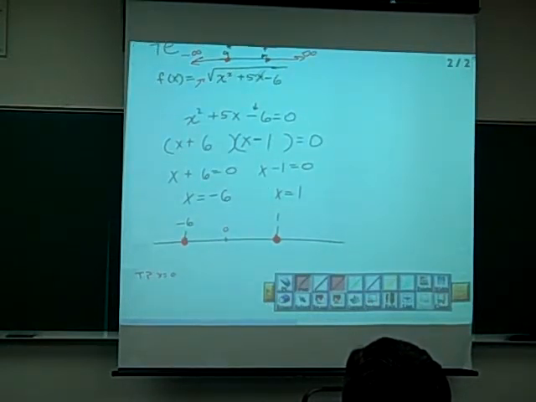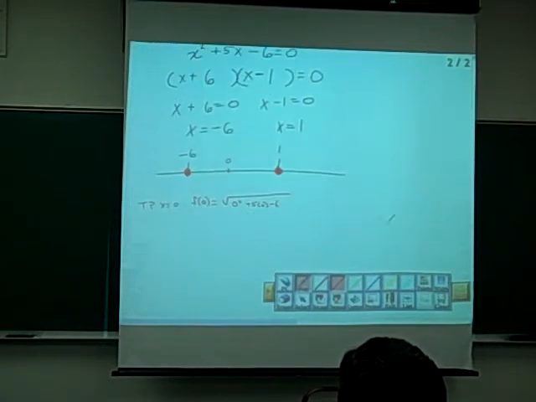Just by looking at this, at 0, is it going to be positive or negative? Negative. You get 0 squared plus 5 times 0 minus 6, and you get the square root of a negative 6. So 0 is no good.